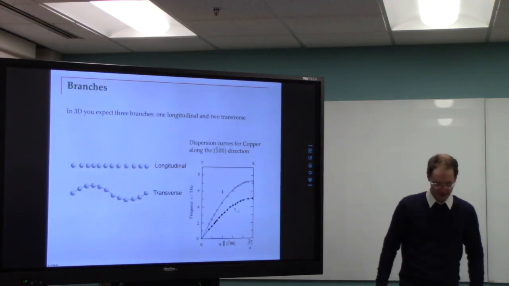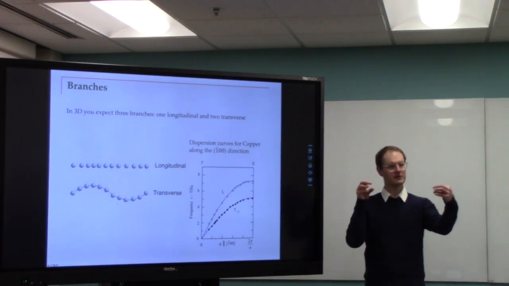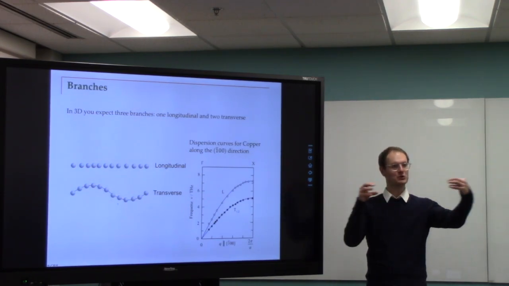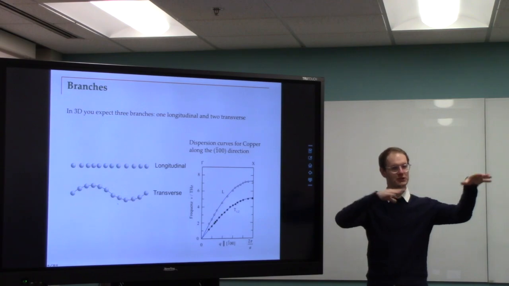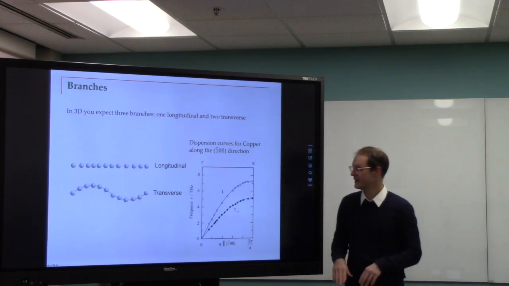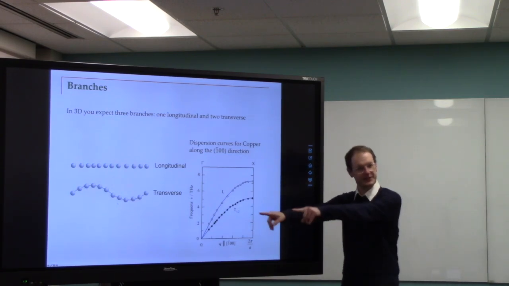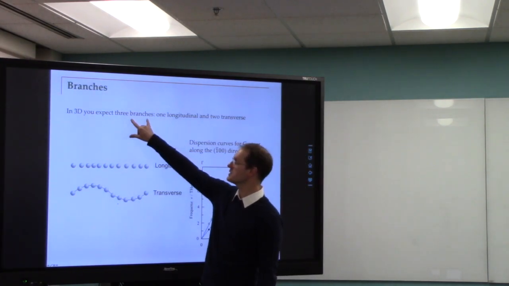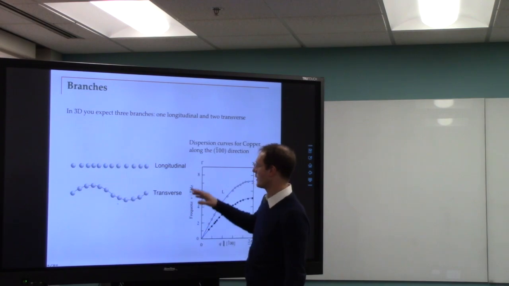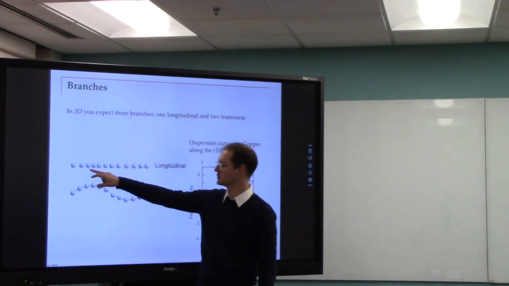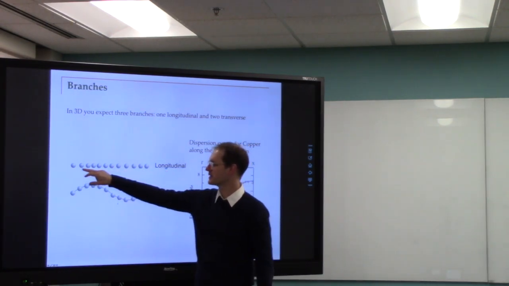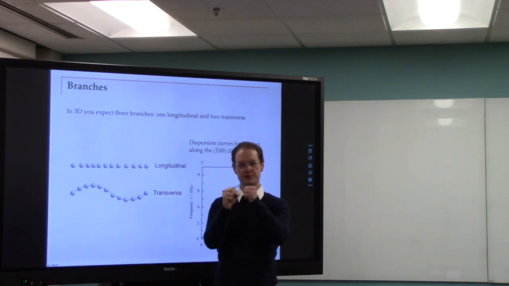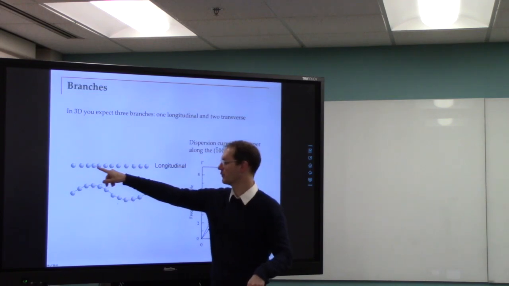Okay, so far we've just been considering one dimension of motion, but if you have 3 dimensions of motion, and if you consider a plane wave propagating in a linear direction, then you can actually have 3 different branches. One branch corresponding to longitudinal motion, where the displacement of the atoms is along the same direction as the propagation of the wave.